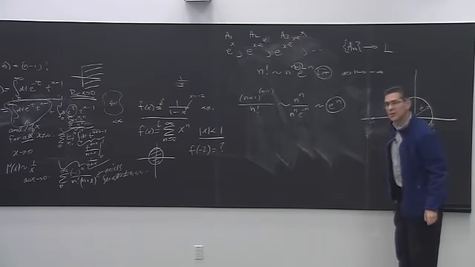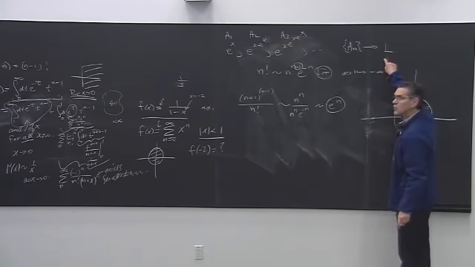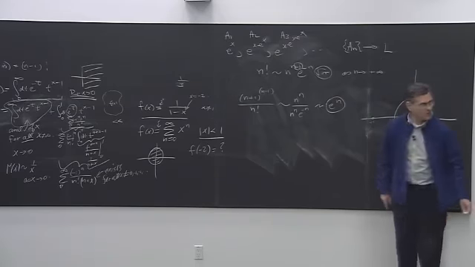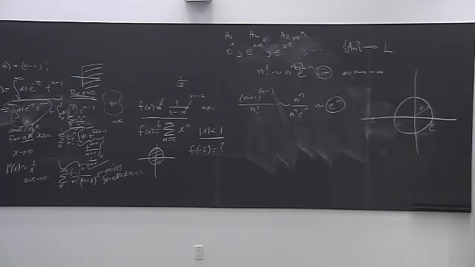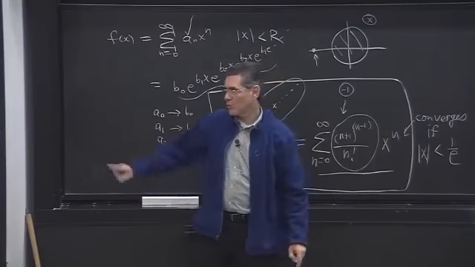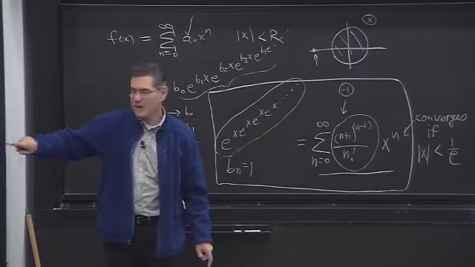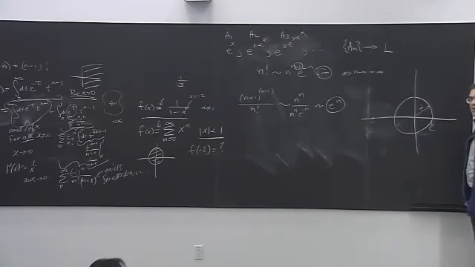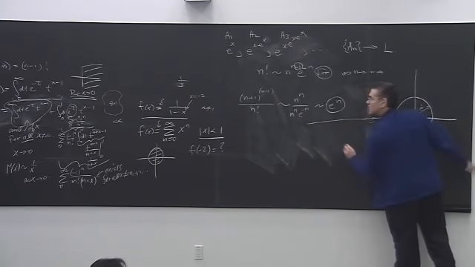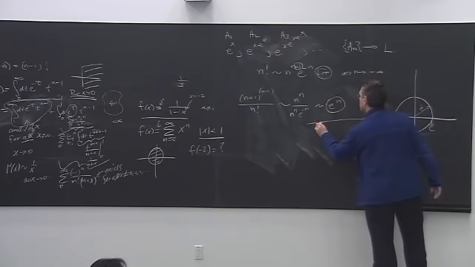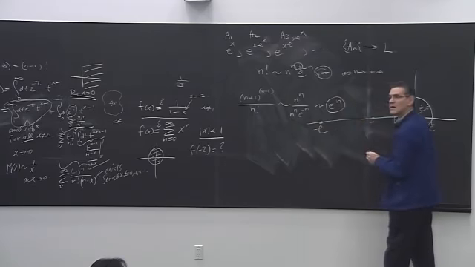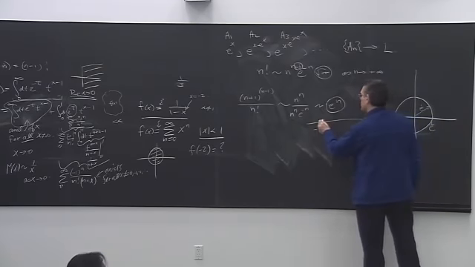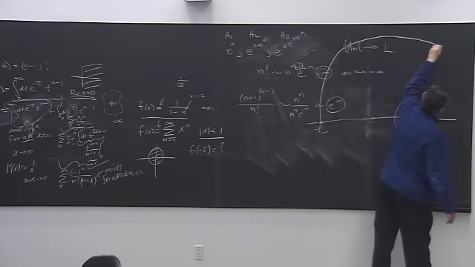And the answer is, this sequence converges to a unique limit, not just in this circle over here, whose radius is 1 over e, but it actually converges in an enormous region, all the way down to minus e. And the shape of the region is beautiful. It looks like this.